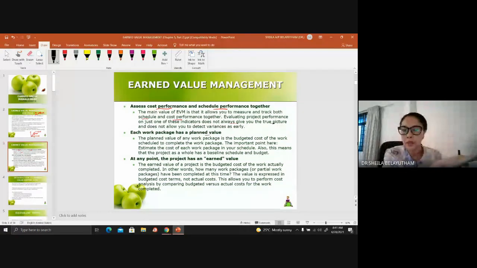Your network analysis, with the earliest start time and the earliest finish time, will be transferred into a Gantt chart form. From the Gantt chart, you look into the cost factor for each of the activities.